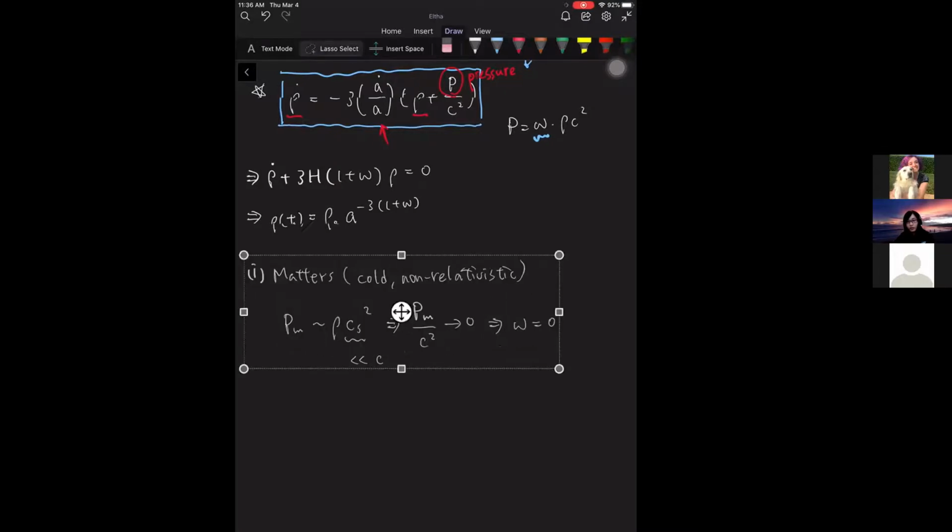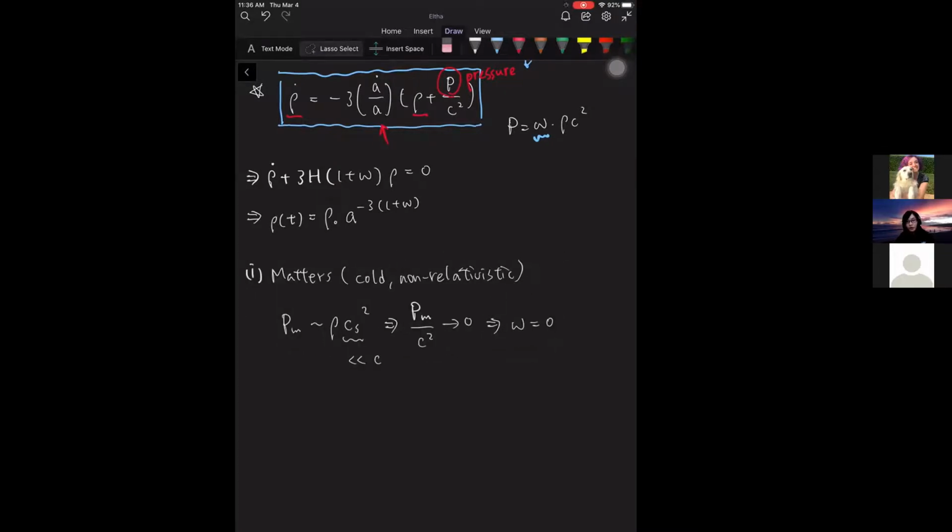I just mentioned that for general non-relativistic matter, omega is 0, right? So if we plug in omega equals 0, we get that the density of matter is rho naught times a to the minus 3, right?